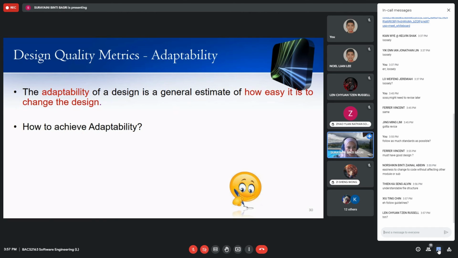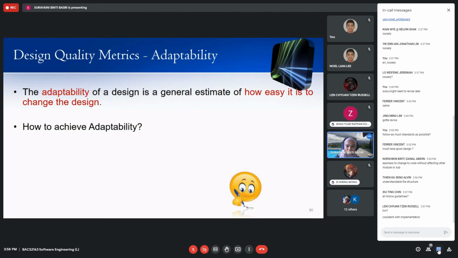How do you think we can say that our system has a good adaptability feature? I mean, the design of the system having a good adaptability feature. Consistent with the implementation. Okay.